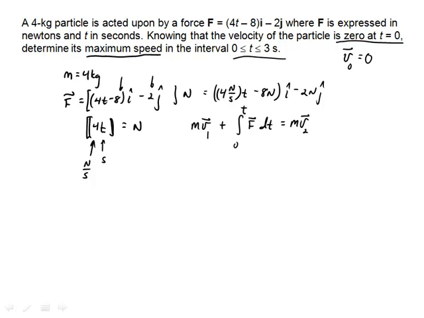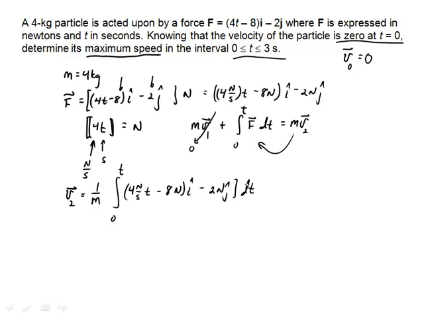So velocity 2 equals 1 over mass times the integral from 0 to t of (4 newtons per second t minus 8 newtons) in the i hat direction, minus 2 newtons in the j hat direction, and I'm going to integrate this with respect to time.